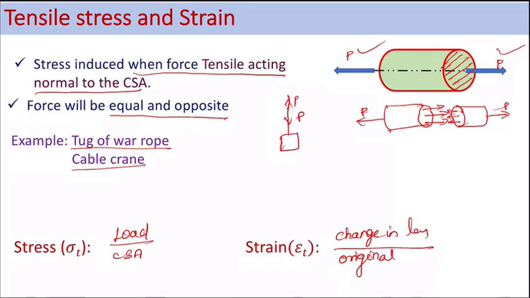This is a general formula. Here the load is tensile load, because this is tensile stress and strain. Due to this tensile load, the length will change, so increased length divided by original length.